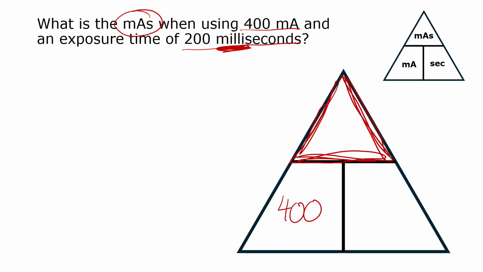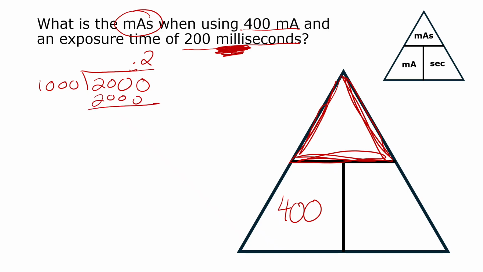So let's erase all of that. And we have to convert this milliseconds to seconds. The way that we can do that is we can either divide it. So we'll take 200 divided by 1000. 1000 does not go into 200, so we need to add another 0. 1000 can go into 2000 two times. 2000 minus 2000 equals 0.